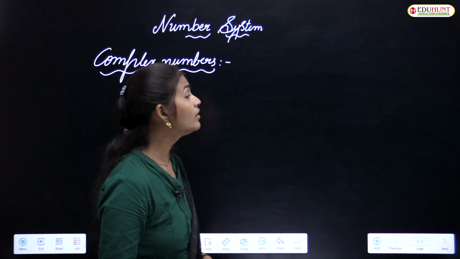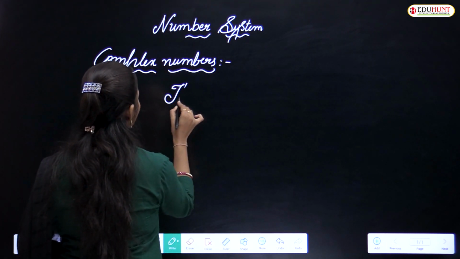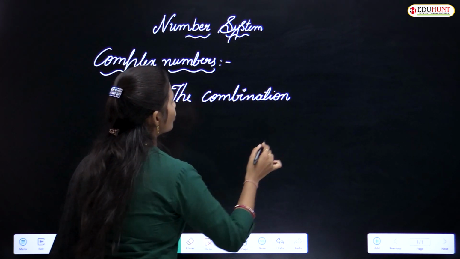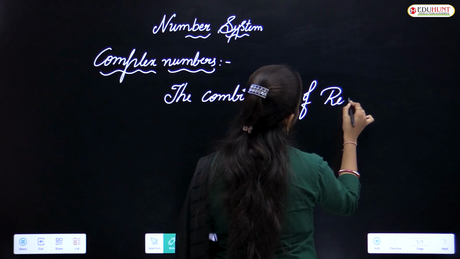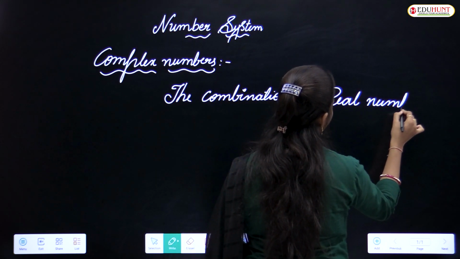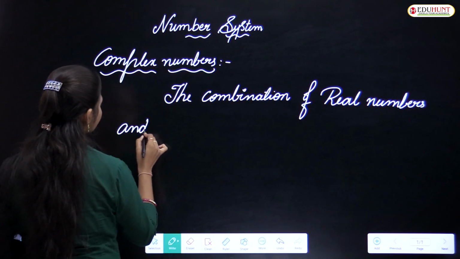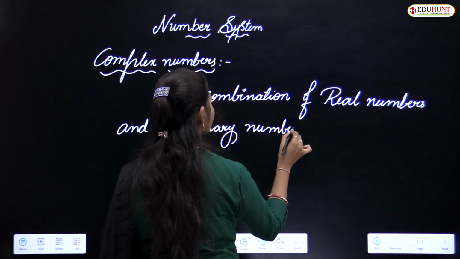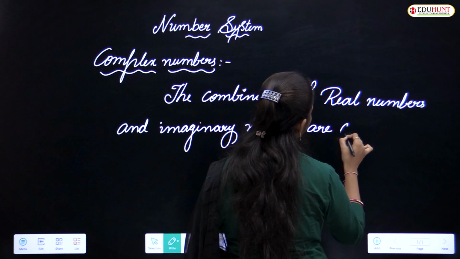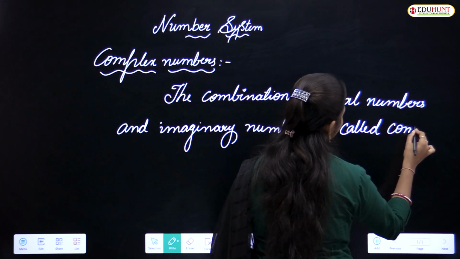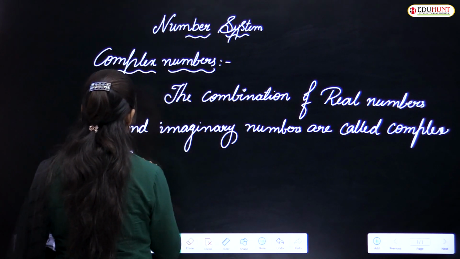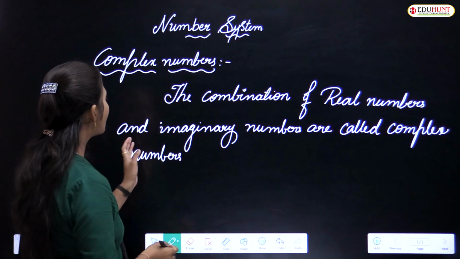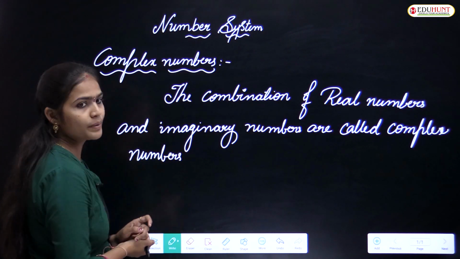So what are complex numbers? The combination of real numbers and imaginary numbers are called complex numbers.